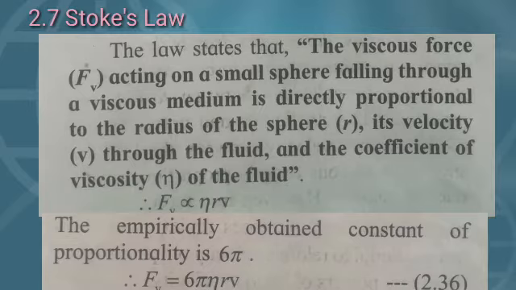This is the expression for the viscous force acting on a spherical object moving through a viscous medium, and it is also called the Stokes law. The above formula Fv equals 6 pi eta r v can be derived using dimensional analysis.